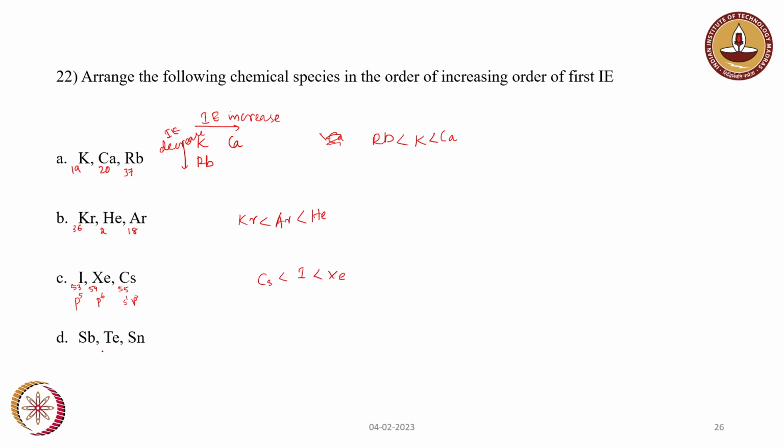And in the last one, antimony, tellurium, and tin. So in antimony, its atomic number is 51, tellurium is 52, and tin is 50. So the configuration will be p3, p4, p2.